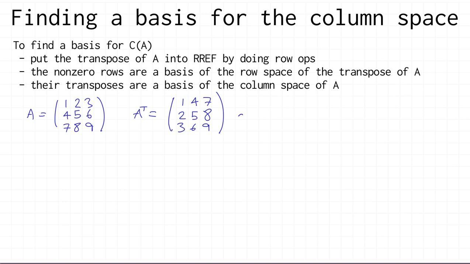So if you do row operations, then the row reduced echelon form matrix that you reach is 1, 0, minus 1, 0, 1, 2, 0, 0, 0. So there are 2 non-zero rows.